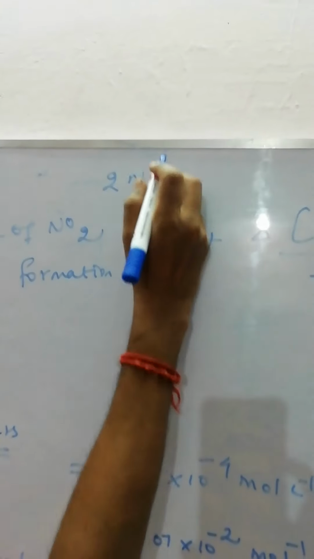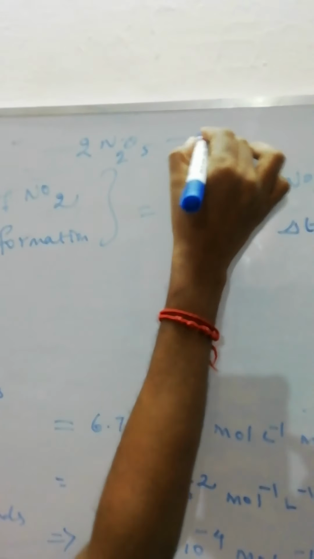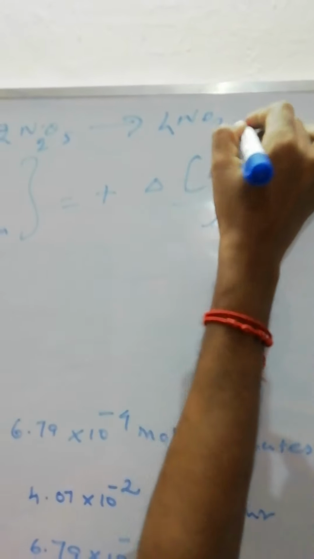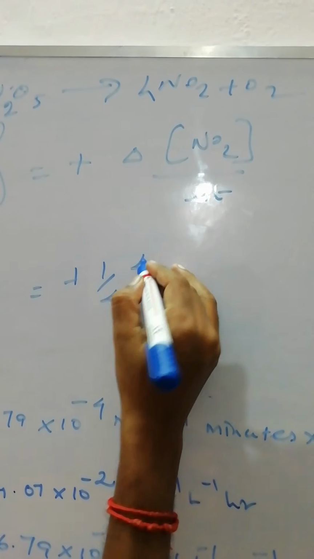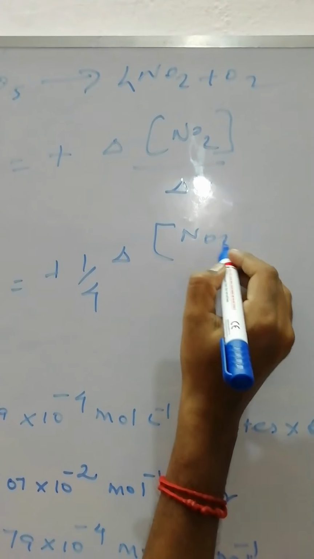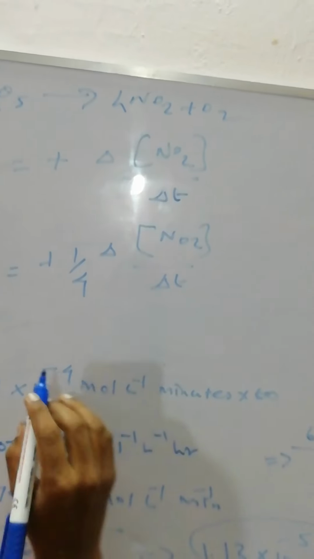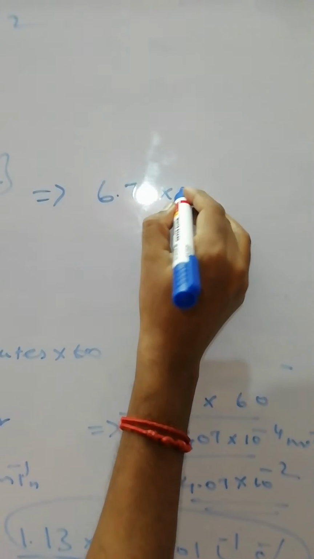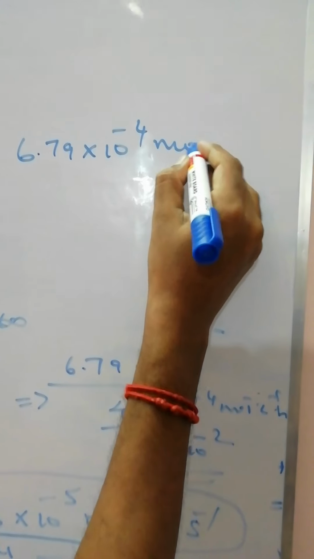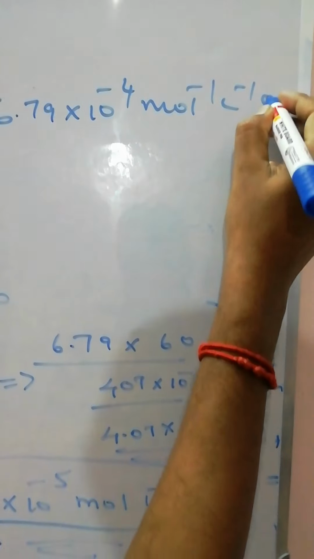The equation we have to write: 2N2O5 gives 4NO2 plus O2. Here, 1 by 4 into delta NO2 by delta t. You know that this is equal to 6.79 into 10 to the power minus 4 mole per liter per minute.